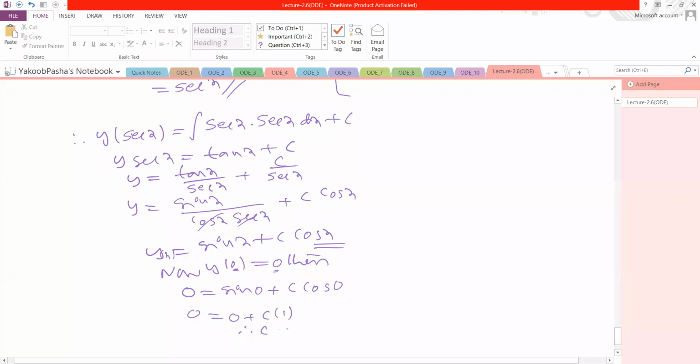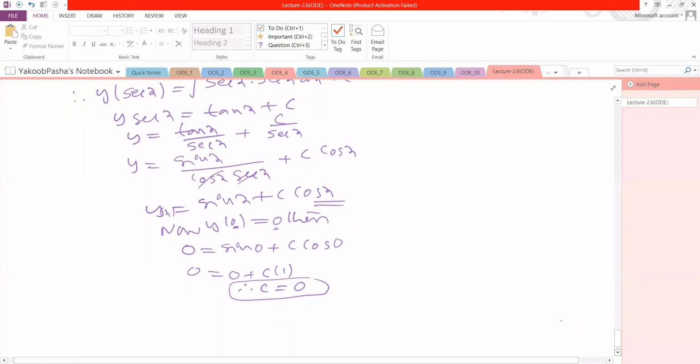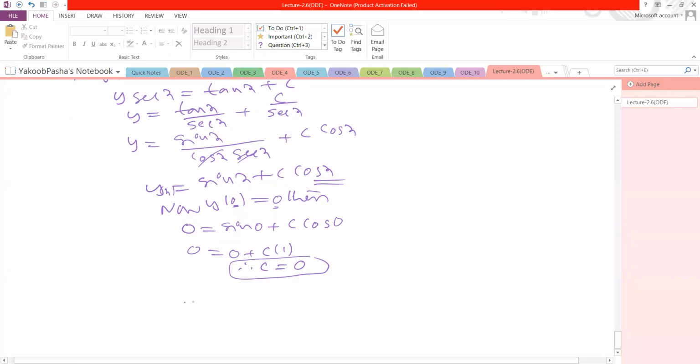That is, c is equal to 0. And apply c equal to 0 in the solution. Therefore, y of x is equal to sin x.